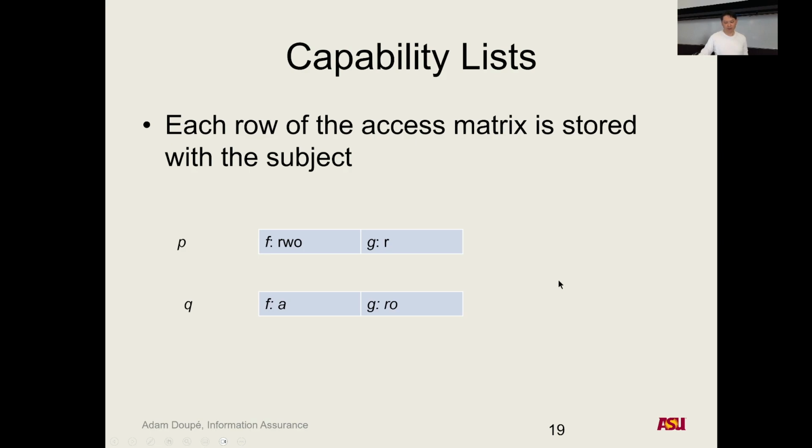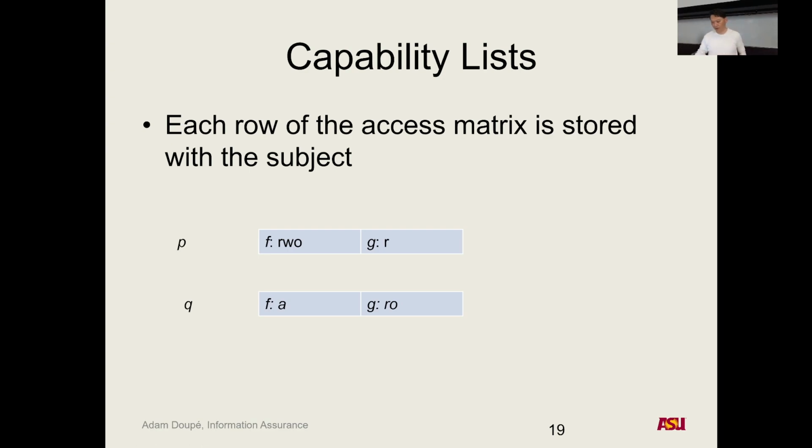So the capability list, conversely, has a list based on the subject. P and Q have this list. Against the object F, it has this capability, and G has all this capability. Q has the same way.